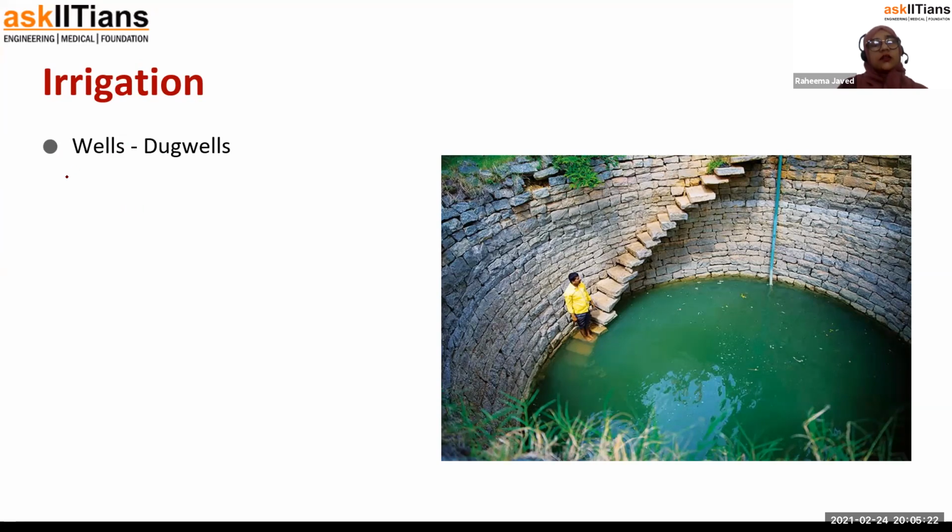So in irrigation, basically in our country, agriculture is rain fed. Here the crop production only depends upon the monsoon. So there are many climatic variations in the country, and now with global warming and the greenhouse effect, the pattern of monsoon has completely changed.